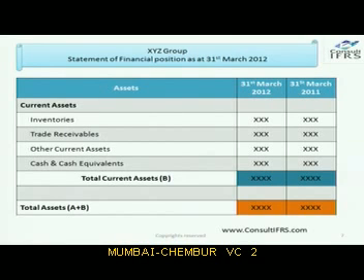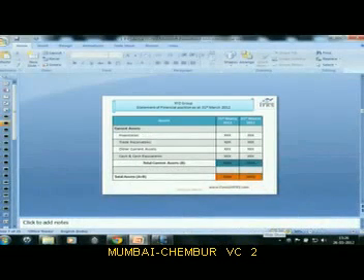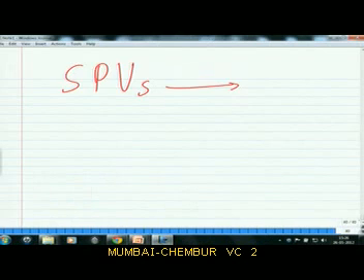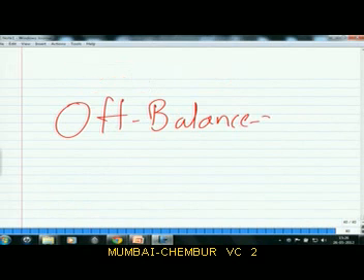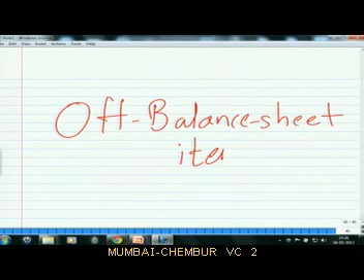Are we all aware of there is an interesting tool called off balance sheet items. I think my Gujarati pronunciation is wrong. Off balance sheet items. All right. So if I have to talk about off balance sheet items, what does it mean? Simple.